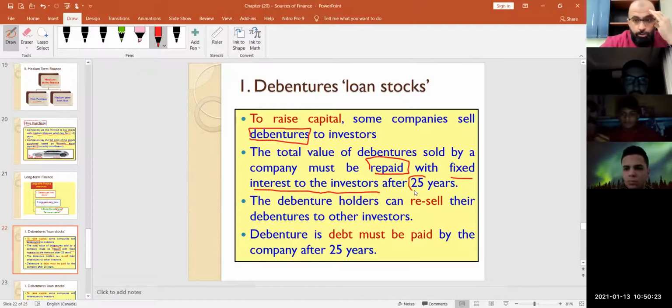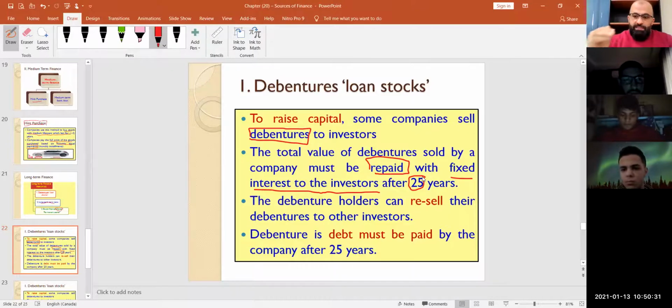So a debenture is a piece of paper, a legal document, which proves that Ziad or Izzuddin or Ahmed Tariq gave money to a company like, let's say, Walt Disney. Let's say $50,000.